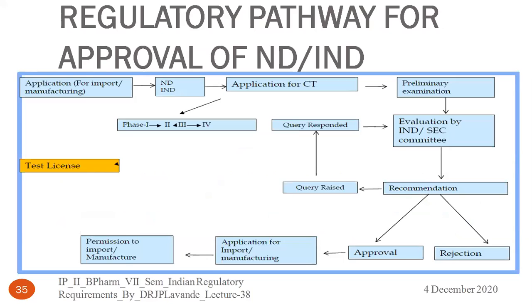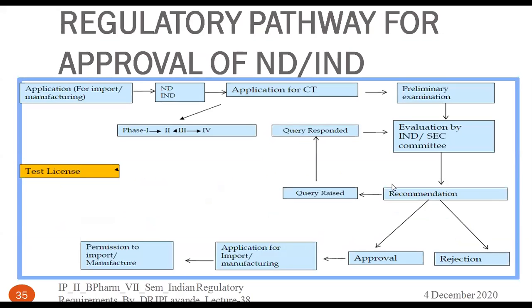Now this is the regulatory pathway, that is, the process of how the application is to be made and how it is going to be approved. The individual or the applicant has to apply to the concerned central licensing agency, that is the CDSCO, to get approval for the clinical trial. That might be for the import of the drug or for the manufacturing of the drug.